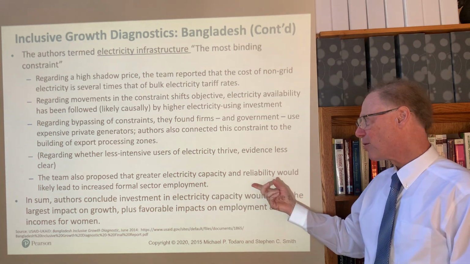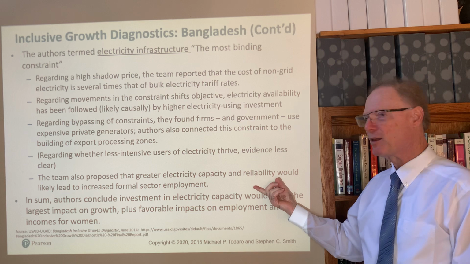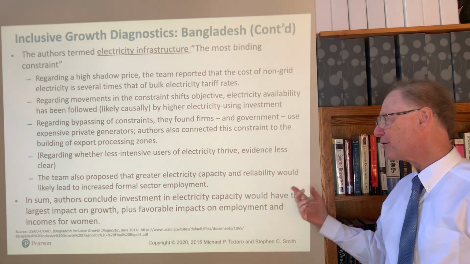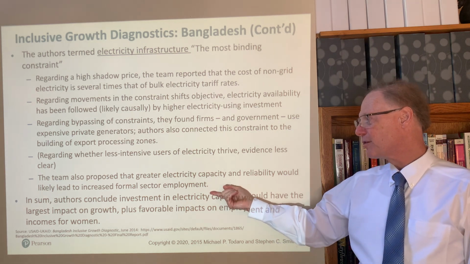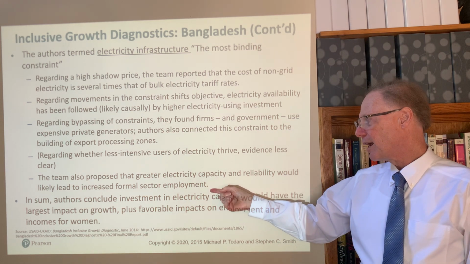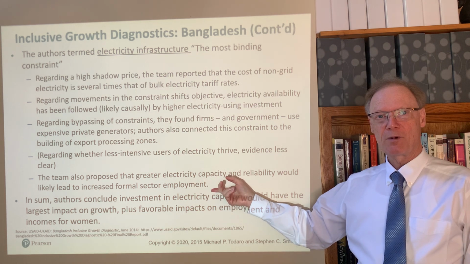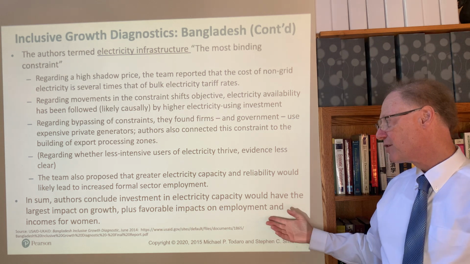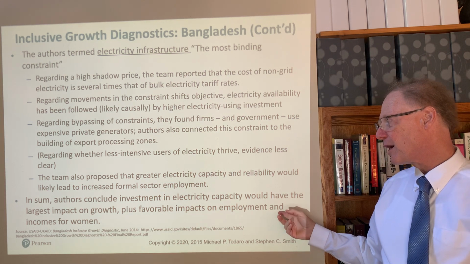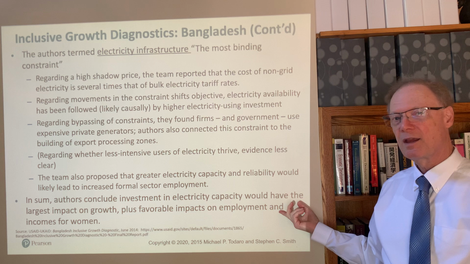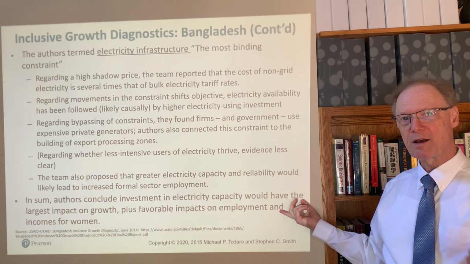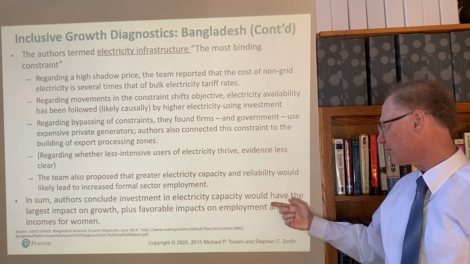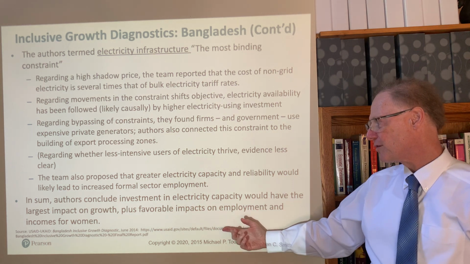So, the team also proposed that greater electricity production capacity, and reliability, not having so many blackouts, would likely lead to increased formal sector employment. And the textiles industry was perhaps the most important here. And so, in sum, the authors concluded that electricity investment, that is to say, expanding the capacity to produce more electricity availability, would have the largest impact on growth.